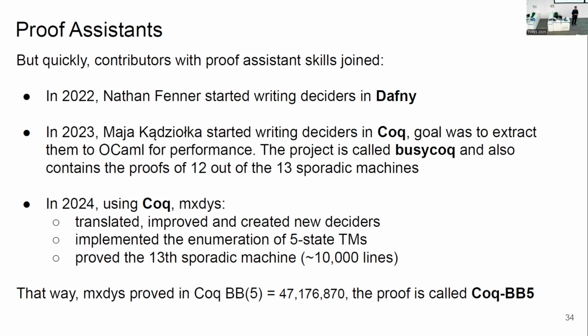I was very skeptical of it being feasible. And no, they proved us wrong, because they did it in Coq. And they proved the last machine that was standing. There was one particularly hard machine, and the proof is about 10,000 lines of Coq. So that way, mxdys provided the proof of BB5 equals 47,176,870 in Coq.